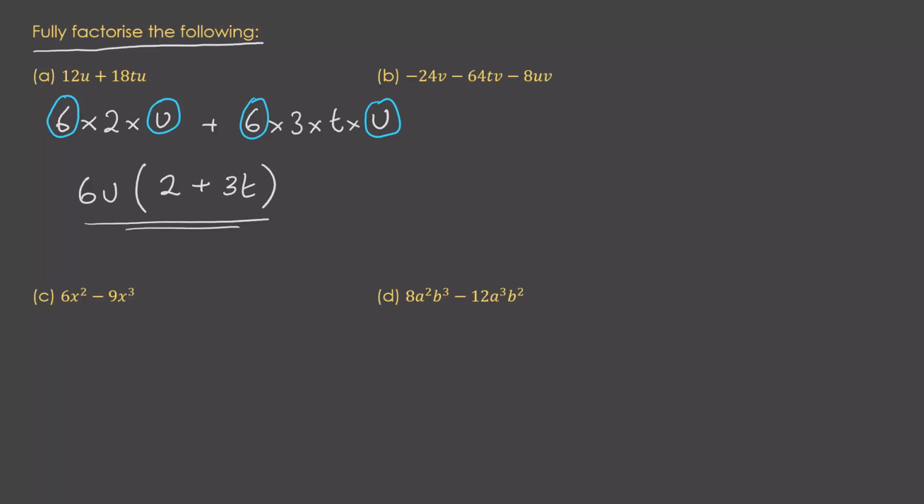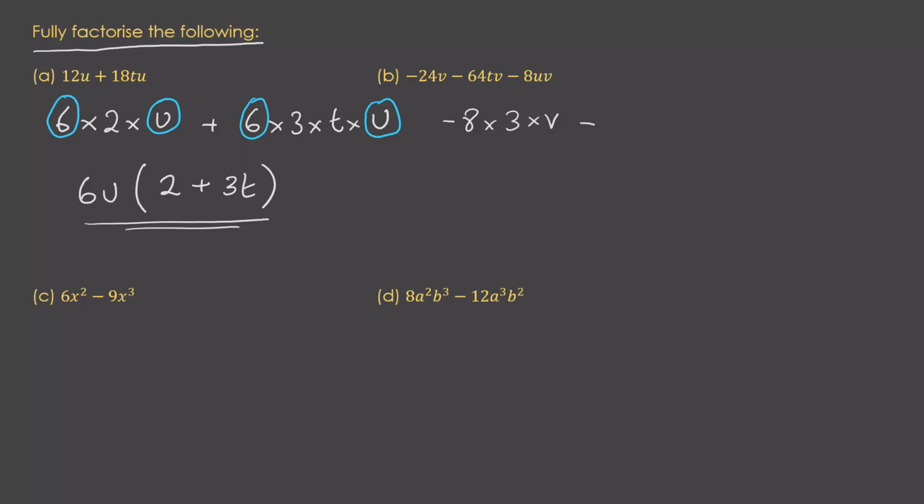I've got negative 24v, minus 64tv and minus 8uv. 8 goes into 8, 24 and 64. So I'm going to start by writing the first one as negative 8 times 3 times v.